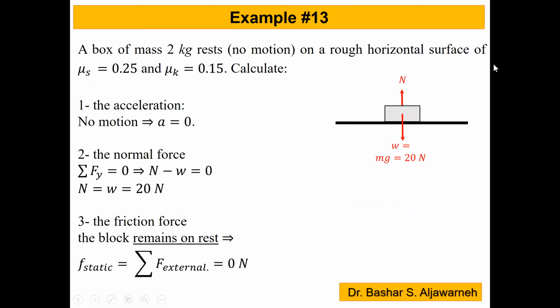Another example, a box of mass 2 kilograms rests on a rough horizontal surface of mu s and mu k. Calculate the acceleration, the normal force, and the friction force.